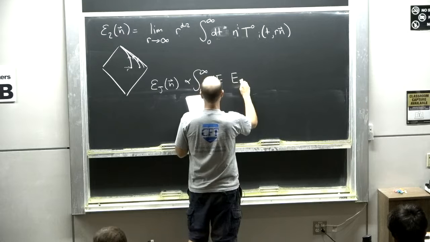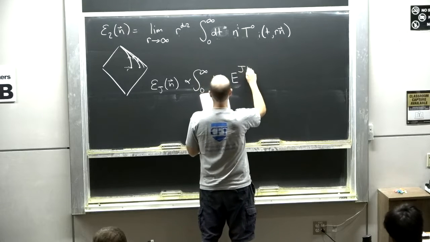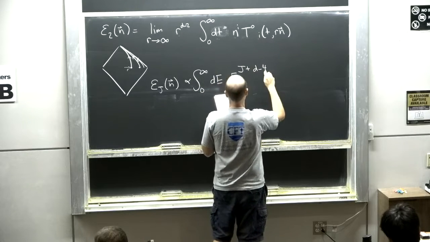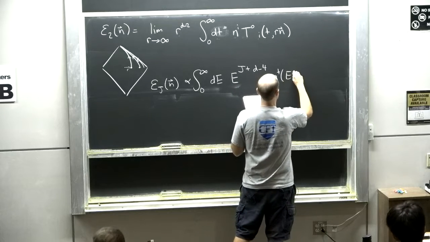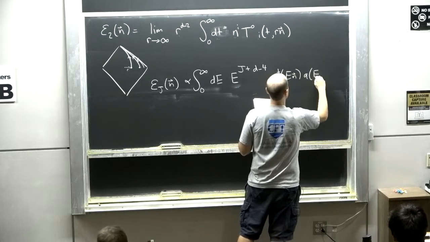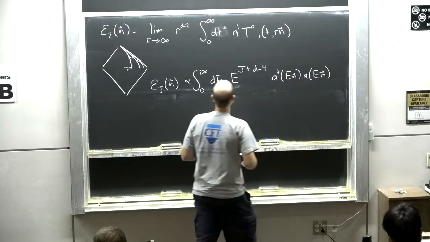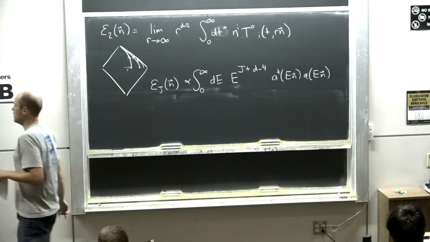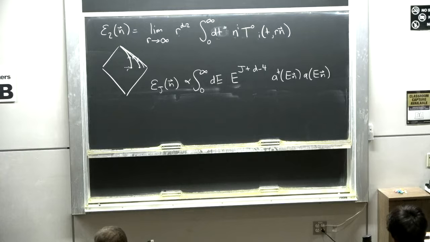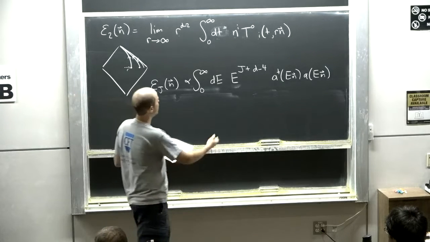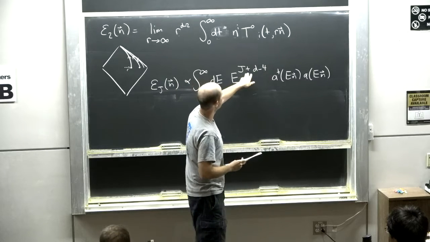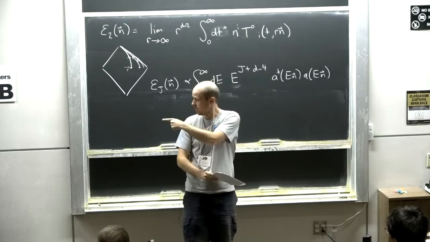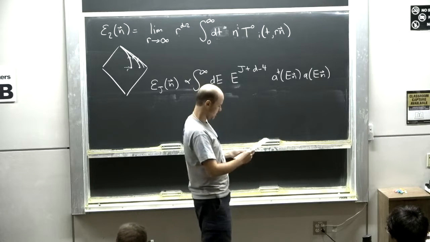And I'm going to write the non-trivial power as j plus d minus 4, a dagger times a. Okay, so if E sub 2 weighted particles by energy, E, then this is weighting particles by e to the j minus 1, right? Because that's the difference between this power here and the one in our expression. Sorry, did I mess up the powers?